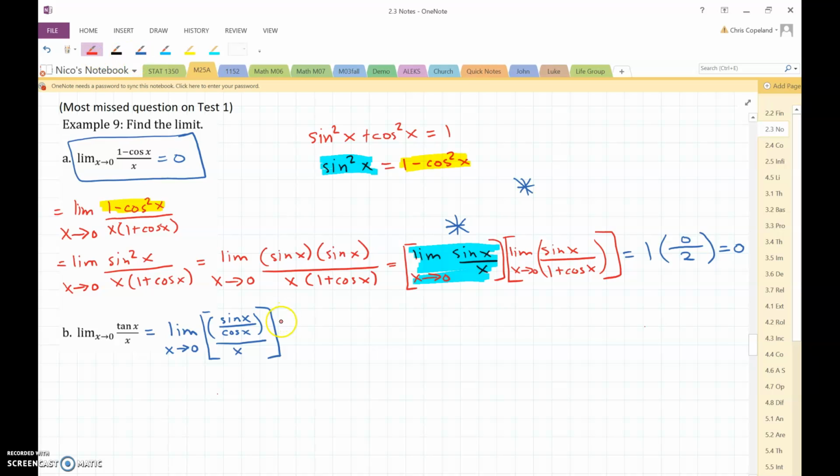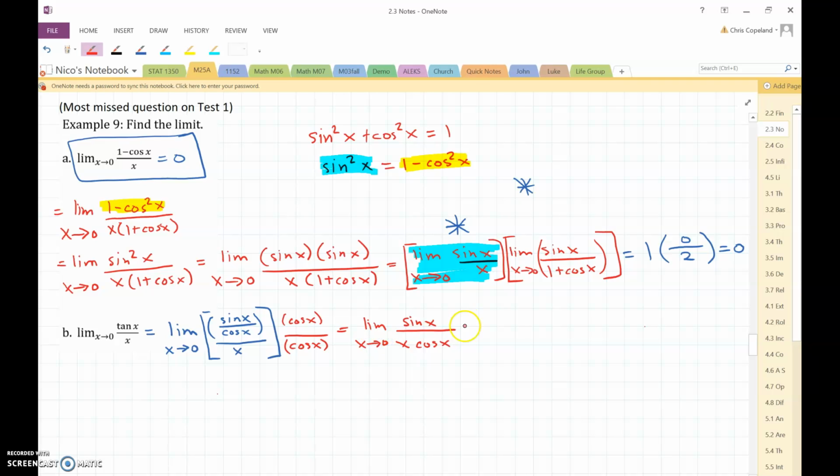Then for the numerator and the denominator here, I'm going to multiply by cosine of x, and then I would get the limit of sine of x all over x times cosine x as x goes to 0.